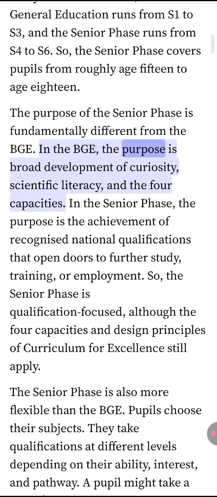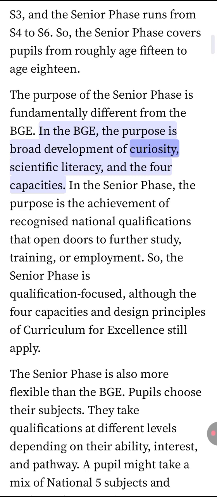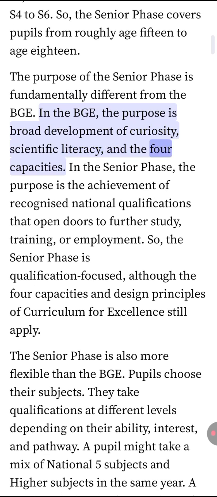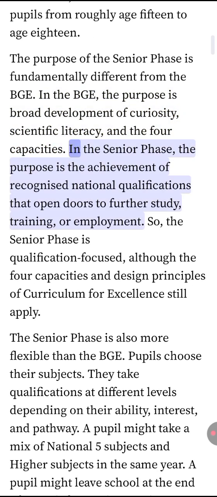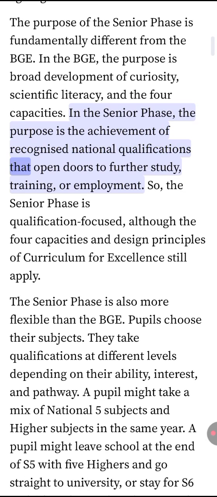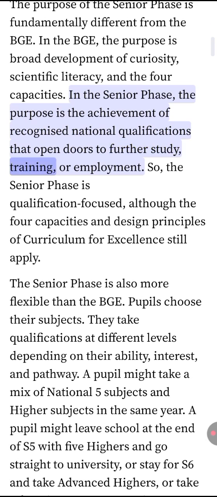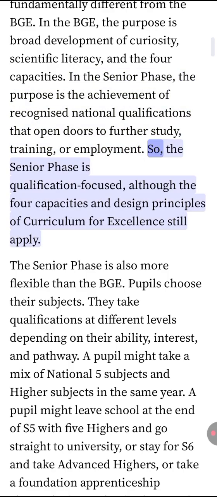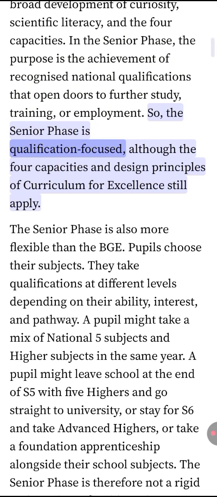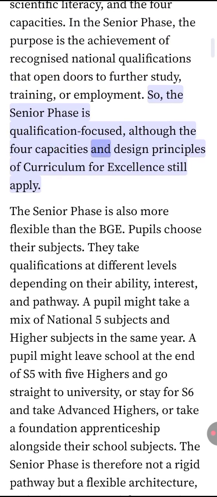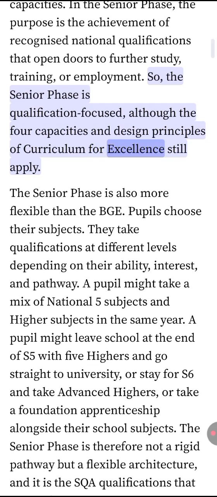In the BGE, the purpose is broad development of curiosity, scientific literacy, and the 4 capacities. In the senior phase, the purpose is the achievement of recognized national qualifications that open doors to further study, training, or employment. So the senior phase is qualification-focused, although the 4 capacities and design principles of Curriculum for Excellence still apply.